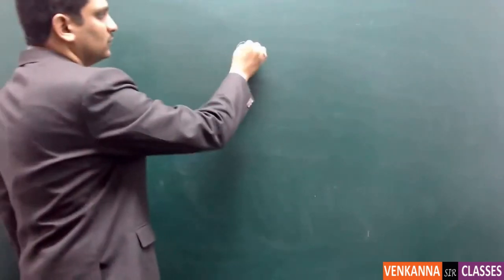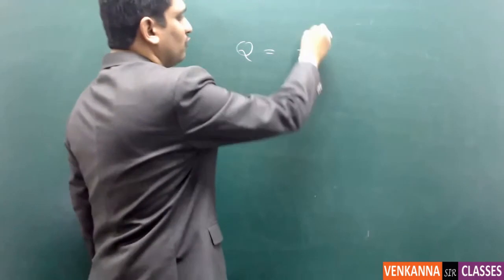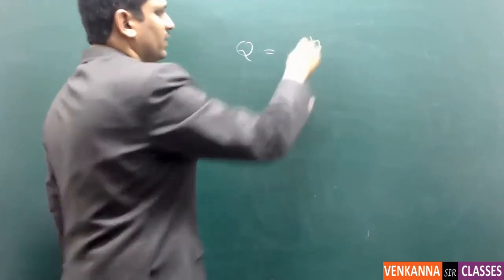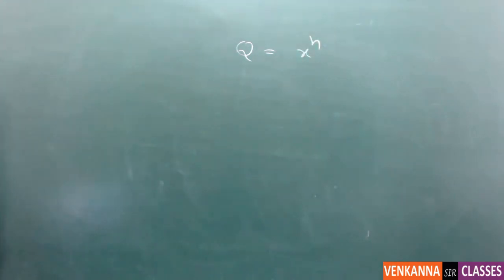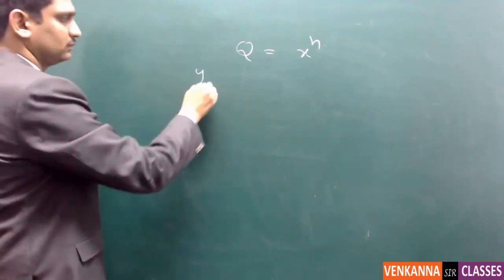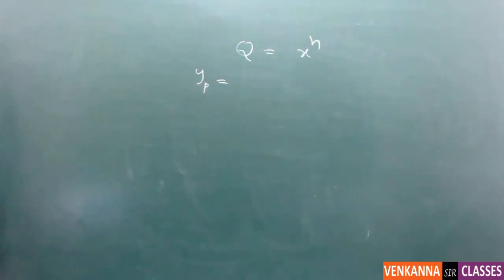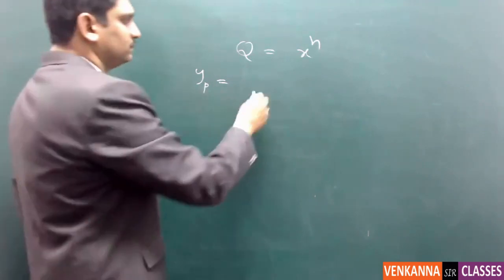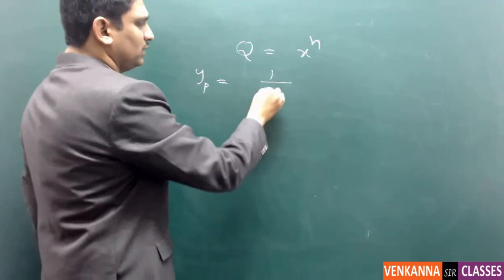Suppose in the right hand side, Q is of the form x power k or x power n. Now, what is the procedure to evaluate the particular solution Yp? For this, Yp is given by, let us take a small example.